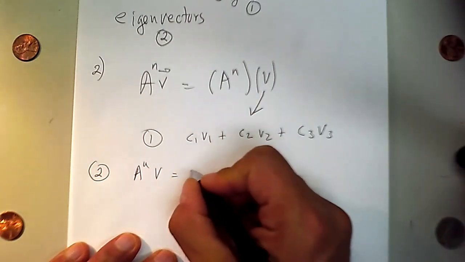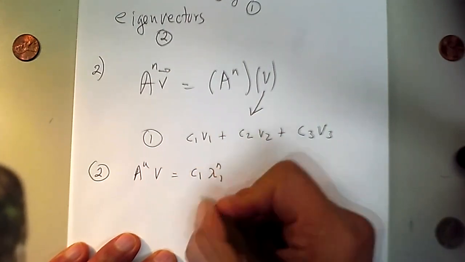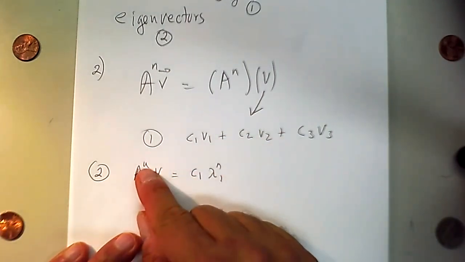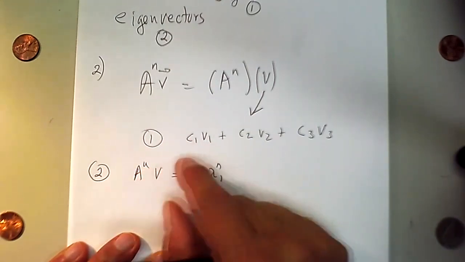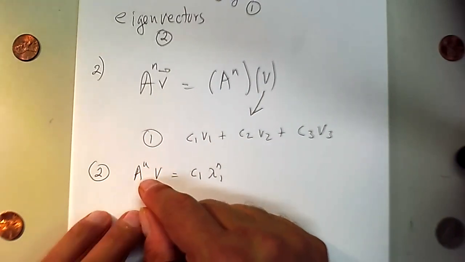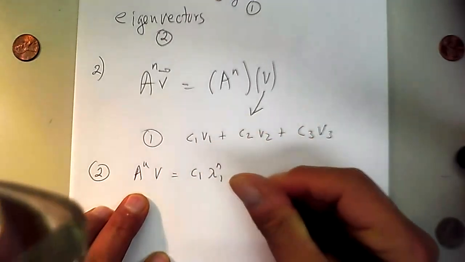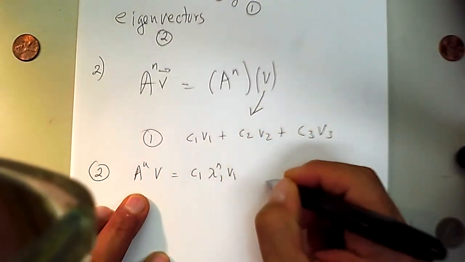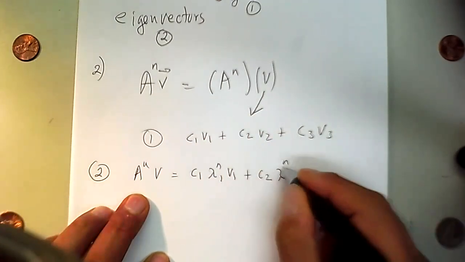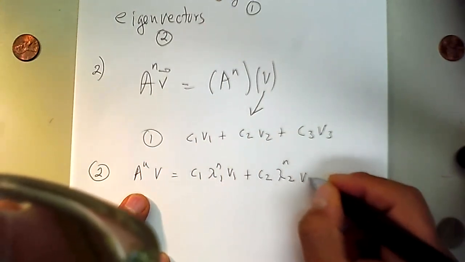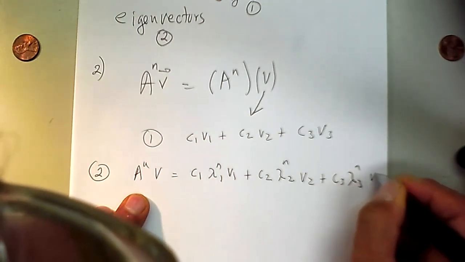We're going to end up with c1 lambda 1 to the n v1, because multiplying an eigenvector by the matrix which has that eigenvector is simply the eigenvalue multiplied by the vector. Plus c2 lambda 2 to the n, which is just a scalar, v2, plus c3 lambda 3 to the n v3.